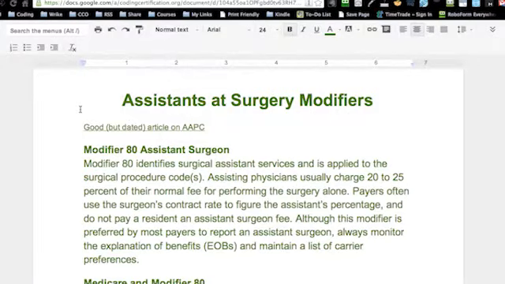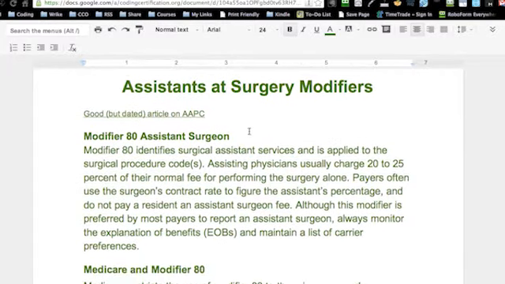Assistants at surgery modifiers. So I found a good but dated, I think it was from 2009, article on the AAPC about these assistants at surgery modifiers.